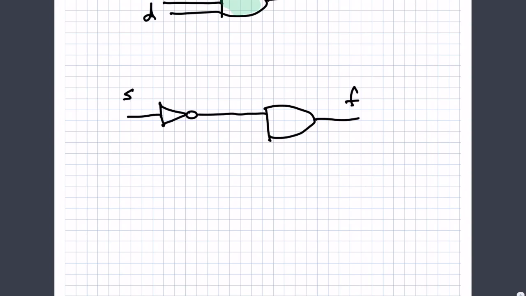Like in this case, I think this is fairly obvious that this is the logic that we're using. If we have either a W or a D and the system is set, we would send the alarm. So this would also be a circuit, and it's probably a little more intuitive that this is what it would be.